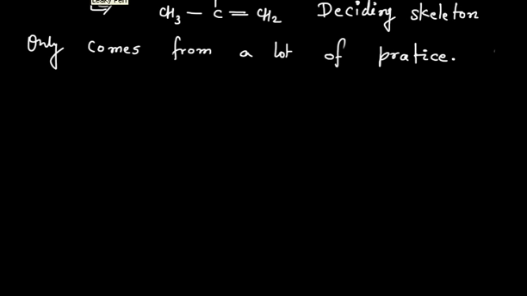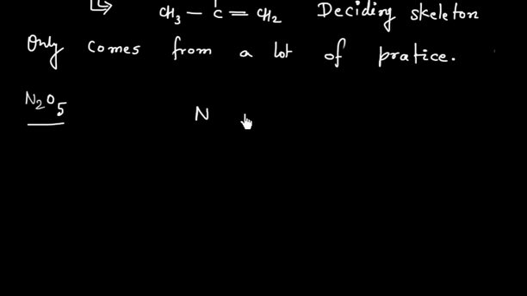Let us do the Lewis dot structure of N2O5. So this will be slightly difficult. N2O5, and I will give you a skeleton in this case. Sorry, let me give you the skeleton again.